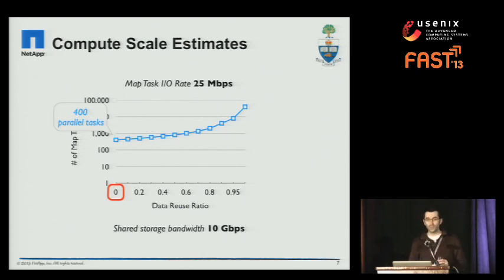Now, if I do have some reuse, then I'm able to get some throughput from the cache. So with a 0.8 reuse, I can sustain thousands of parallel tasks. In this case, 2,000. Now, to put it in perspective, an average Hadoop cluster these days is in the order of hundreds of cores. So this is very encouraging.